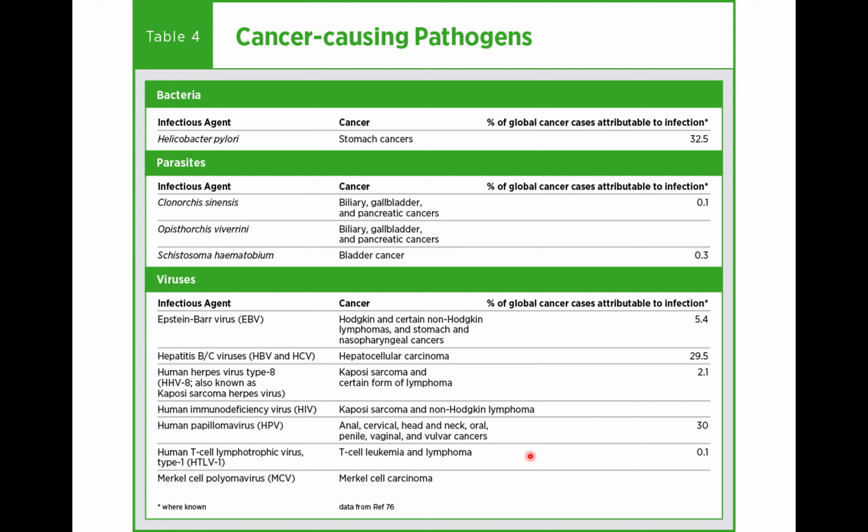So for sure, if we could reduce exposure to some of these infectious agents, we're going to reduce the number of cancer cases worldwide, and that would obviously be a very desirable goal. So I'm going to stop there, and as I said in the second video, we will talk about mechanism and how some of these viruses cause cancer.